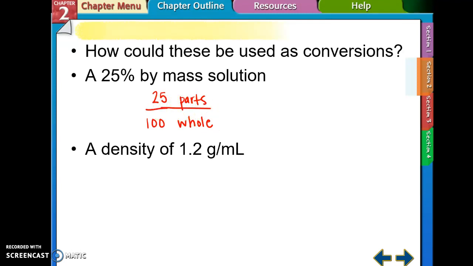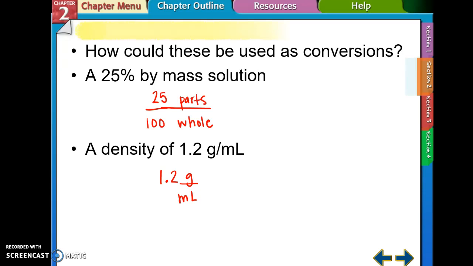And then I look at my second one right here. A density of 1.2 grams per milliliter. So remember that density is the amount of mass per unit of volume. And so right here it says 1.2 grams per milliliter. I'm going to rewrite that as 1.2 grams per 1 milliliter. And remember, mathematically, anything divided by 1 is just itself.